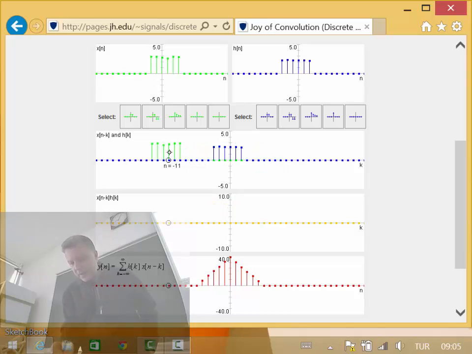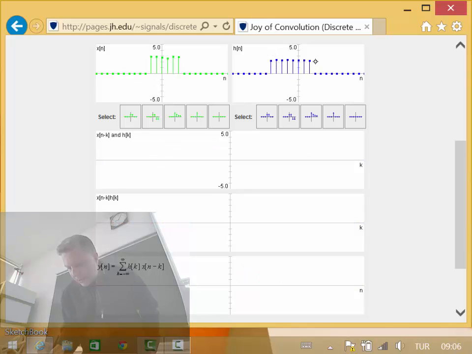Now, I will make one of them a little bit longer, a wider box, in other words. And then I will start scrolling. As you see, the figures are now erased. What kind of a figure do you expect at the bottom? Can any of you describe the convolution result? Exactly.